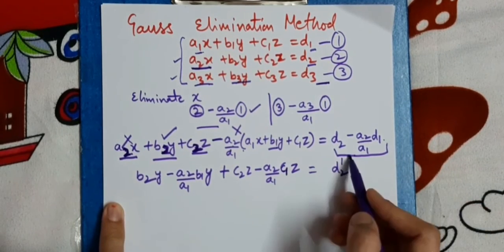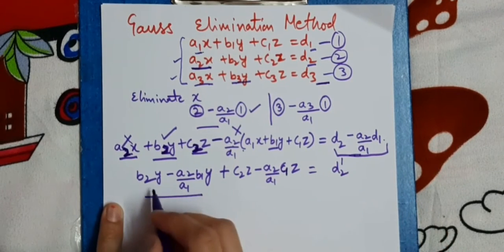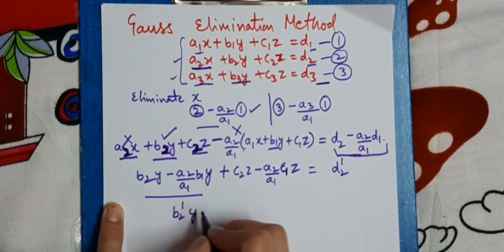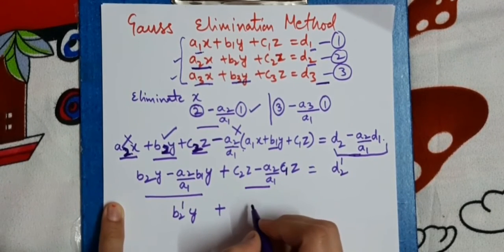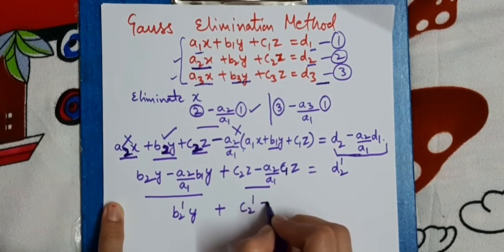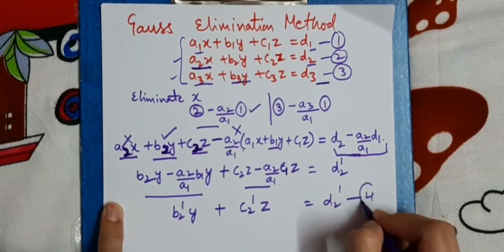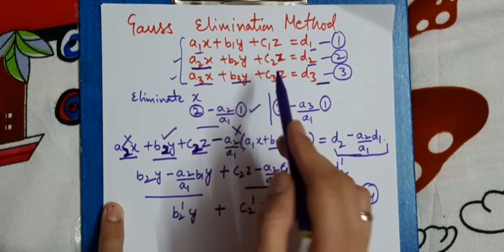Renaming, y is common, and renaming the coefficient of y we have b2 dash y. Similarly renaming the coefficient of z we have c2 dash z is equal to d2 dash. Equation number 4. Now we have eliminated x from equation number 2.